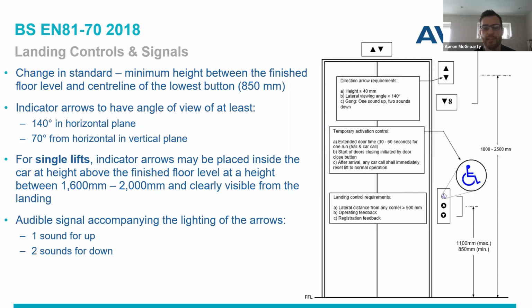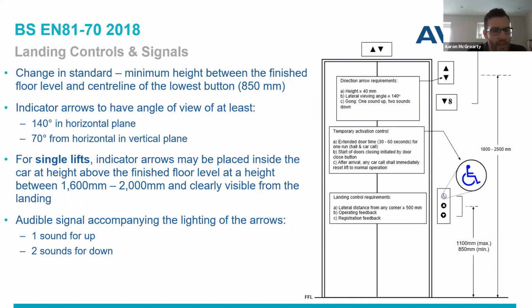Lift assignment characters on the display screens shall be at least 25 millimeters high, which is obviously different to the inside of the car. After operation of the accessibility button, the visible signal shall be displayed for the duration of the associated voice announcement. We'll go through a bit more about what the accessibility button operation is later.